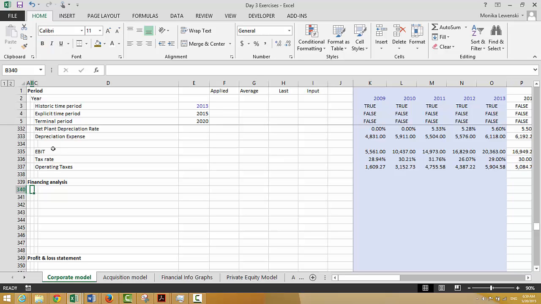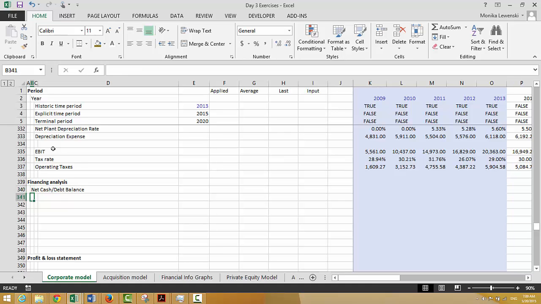In the financing analysis, let's put the net cash balance, cash slash debt balance.